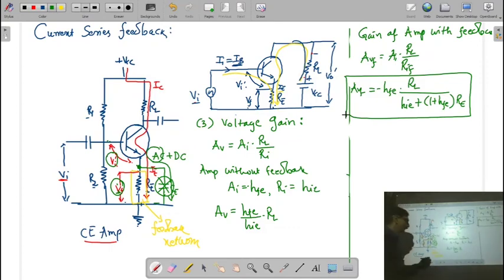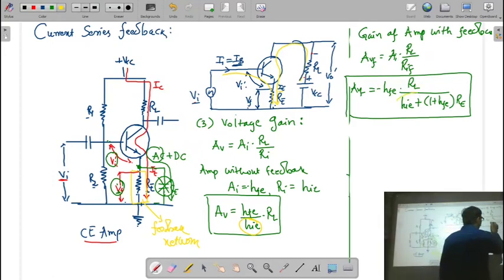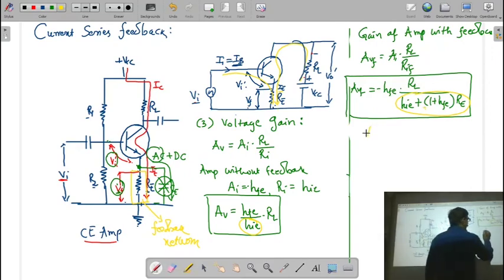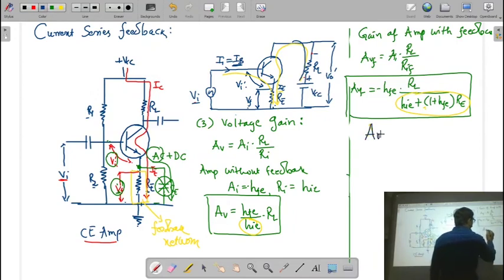Now you can compare. This is the gain of the amplifier without feedback. So in the denominator, we have only the HIE parameter. But now, here it is HIE plus 1 plus HFE into RE. So the denominator factor is larger in this case, and therefore we can say that AVF is less than AV.